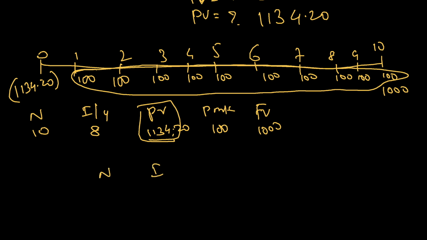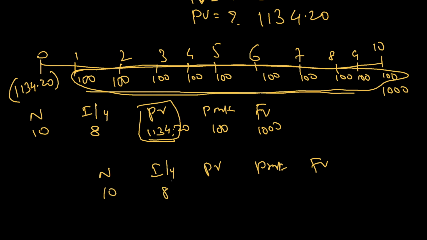So N, IY, present value, payment, future value. N will be 10, since you are getting the payment 10 times. IY is 8 percentage, since you are reinvesting at 8 percentage. Present value is nothing, because you want to find the future value of all these hundreds.